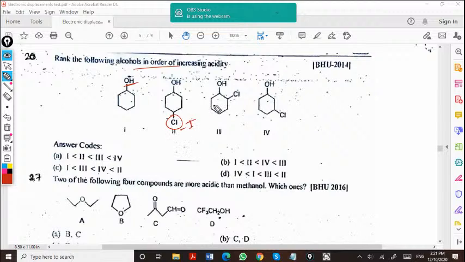So it must be near. Among these, ortho will be highest, then meta, then para. So 3 will be the highest, then 4, then 2, and then 1. Option B.